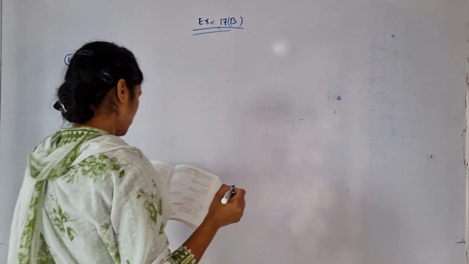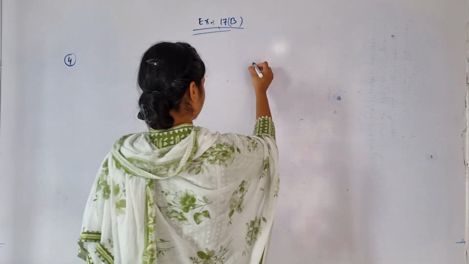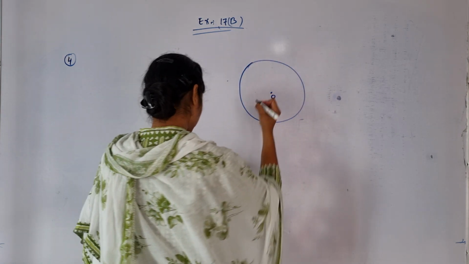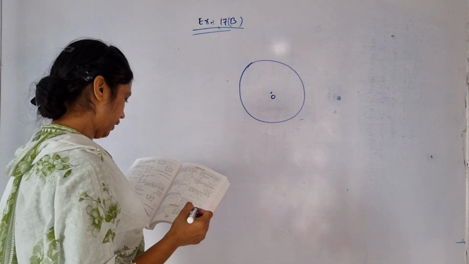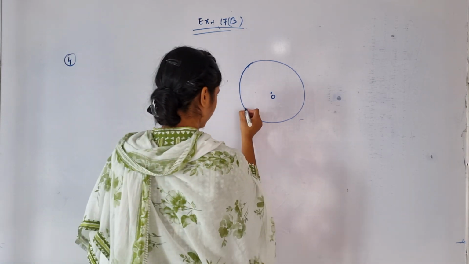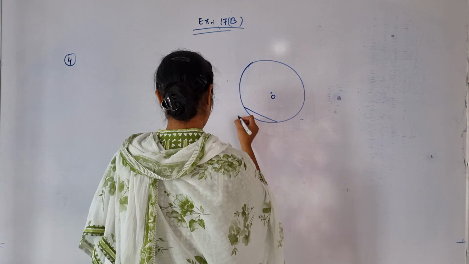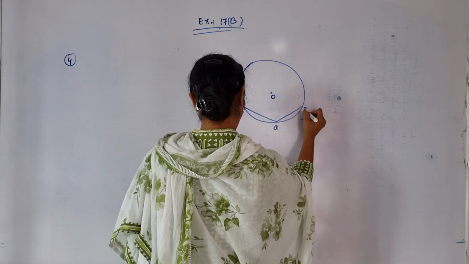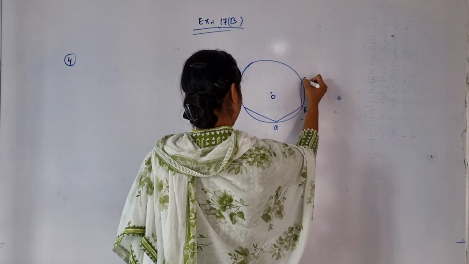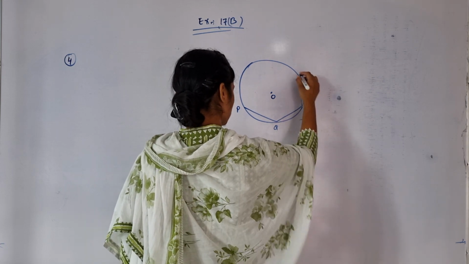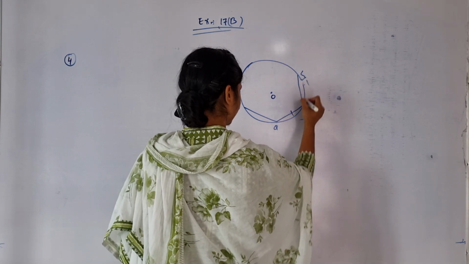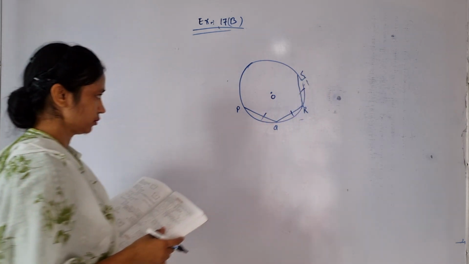Fourth sum. Center O is given. O is the center of the circle. And what have they given? PQ, QR and RS, all these three sides are equal to each other.